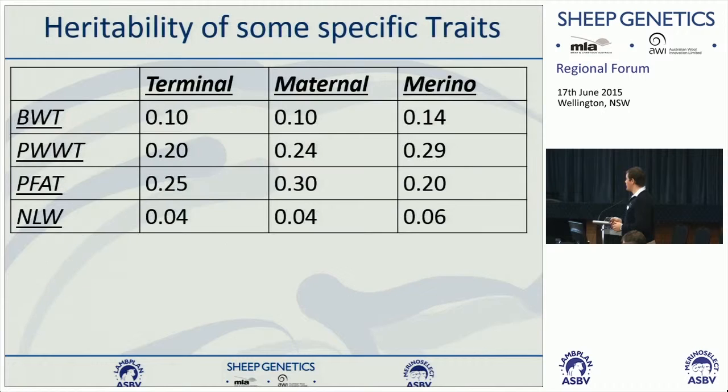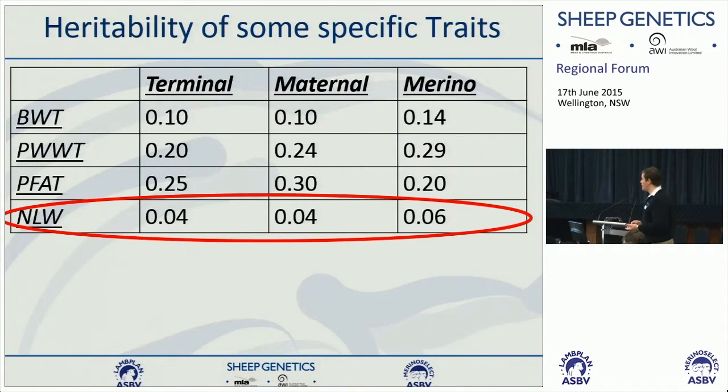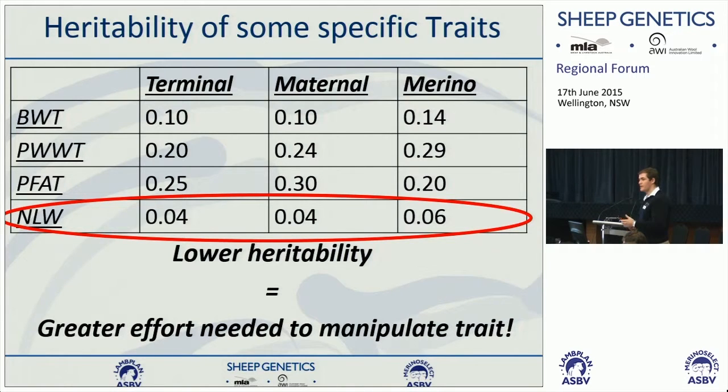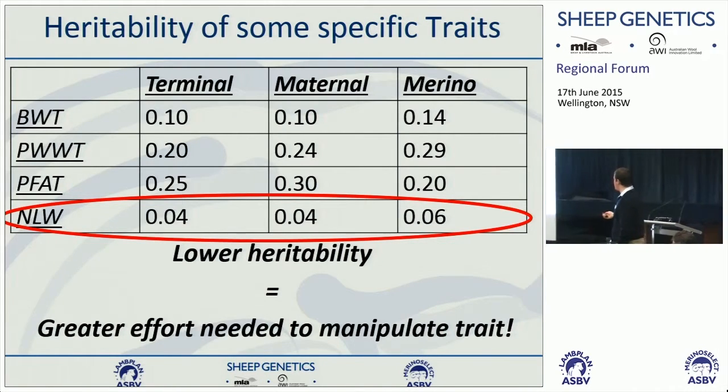So like I was just saying, with the heritability being a lower value, lower heritability means you need more emphasis to move that trait around. So, using these examples, post-weaning weight for Merinos is 0.29 for heritability.